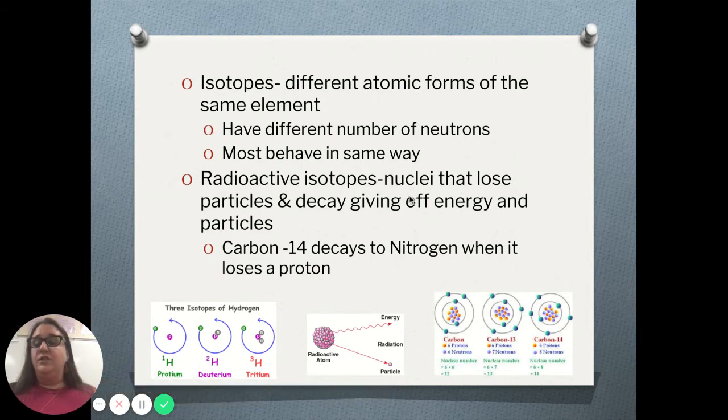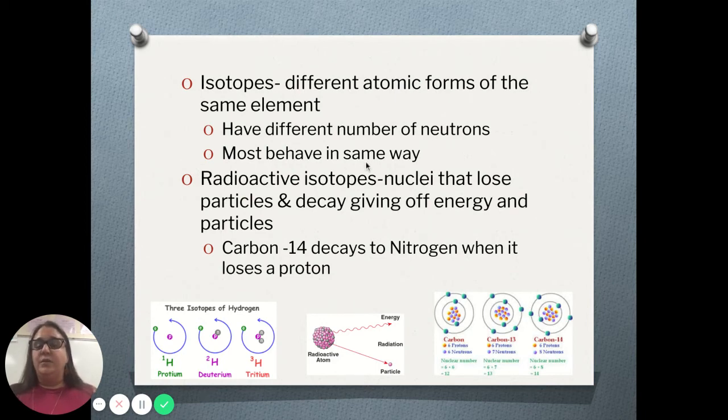Then we get to those different forms of the same element, and those are called isotopes. Sometimes you have different numbers of neutrons in that nucleus. So maybe that carbon that would normally have 6 neutrons will have 7 or 8 neutrons.